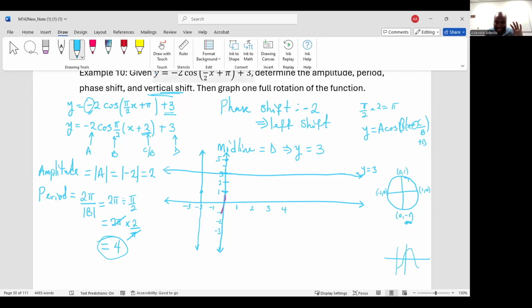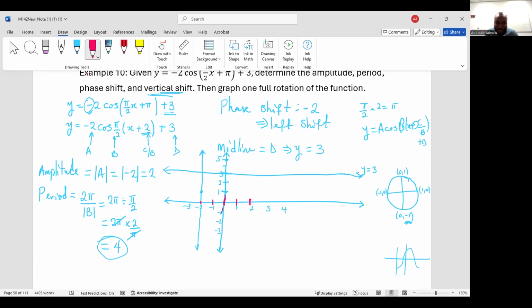So I need 1, 2. Please follow me, guys. From this line now, I need 1, 2, 3, 4. That is where I will complete my one rotation. I hope that makes sense.